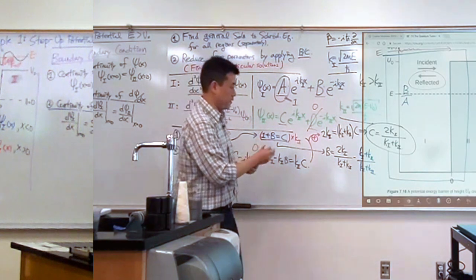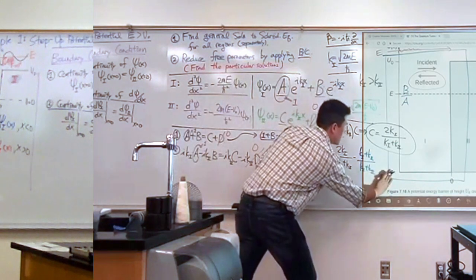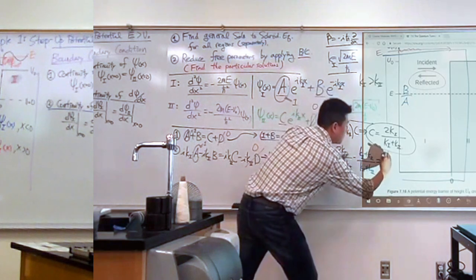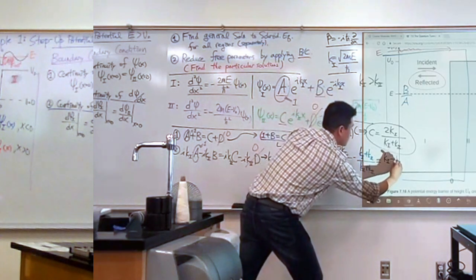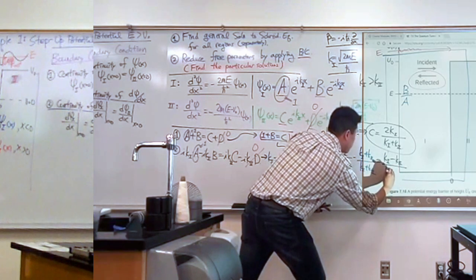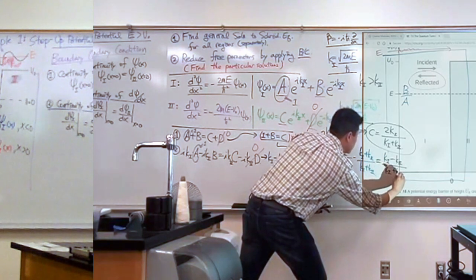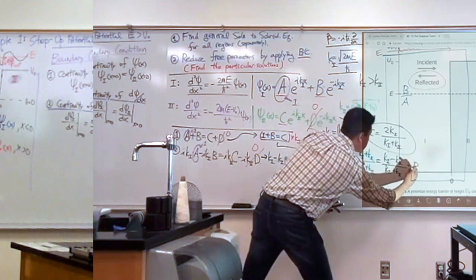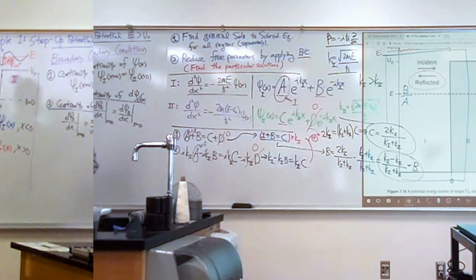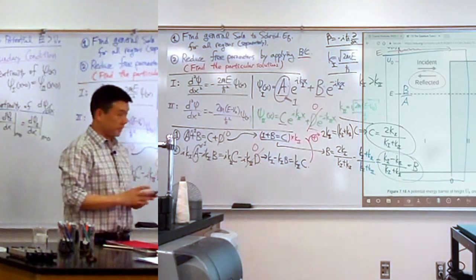So you end up with this whole thing is equal to k1 minus k2 divided by k1 plus k2. So this is the coefficient B. Good? Any questions?